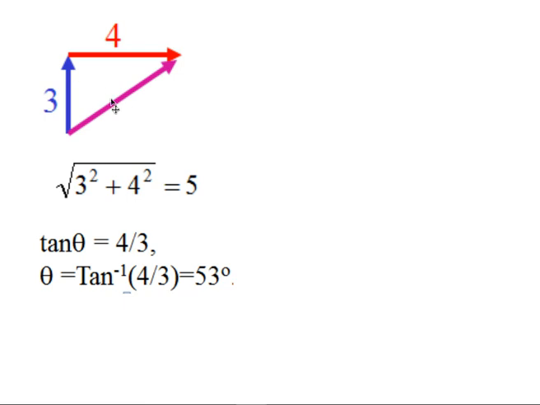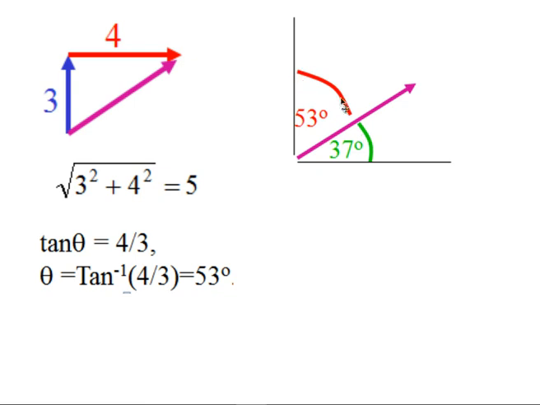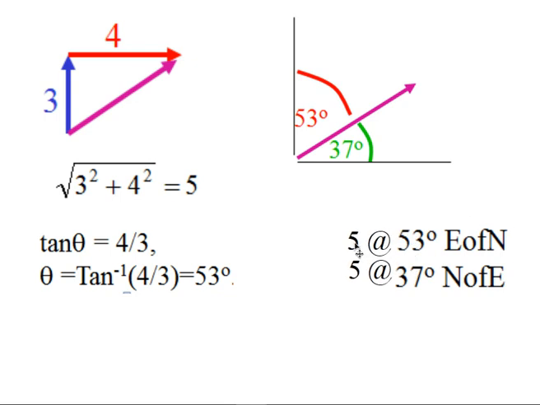east of north. We could have also given the direction this way, but notice I have given the size and direction of the vector. I would point out that 53 east of north is the same thing as 37 north of east, and so those two, 5 at 53 east of north and 5 at 37 north of east, are the same.